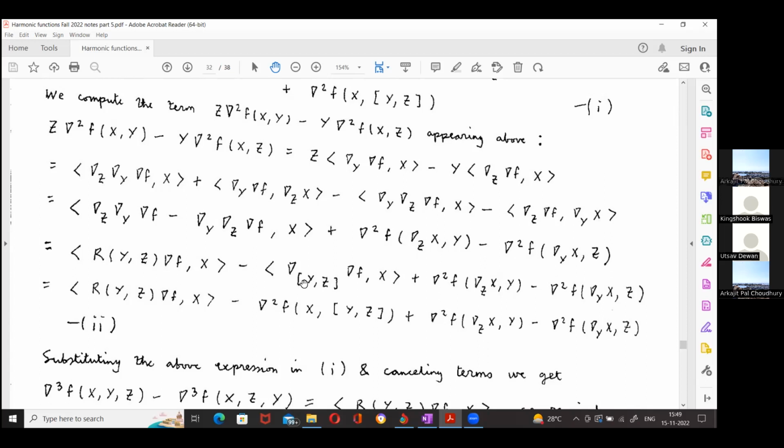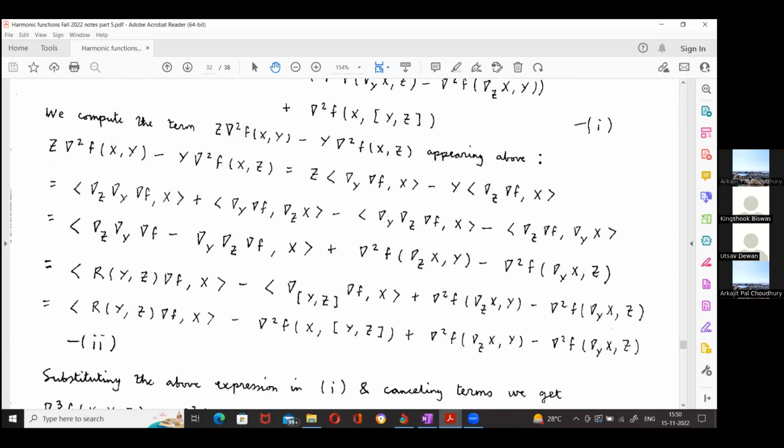And then minus, I get this nabla of bracket y z, grad f x, and then I have these two other terms. This second term here is nothing but the Hessian acting on x comma bracket y z. So I get minus the Hessian acting on x comma bracket y z. Now that is going to cancel with the plus Hessian acting on x bracket y z in this first equation.